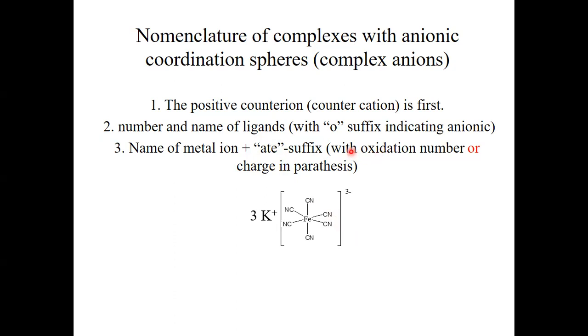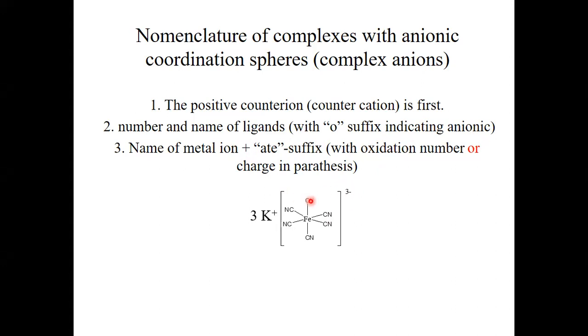Last but not least, we either have to add the oxidation number or the charge in parentheses. So what would be the oxidation number? Well, we have to consider that our complex anion has a 3- charge.